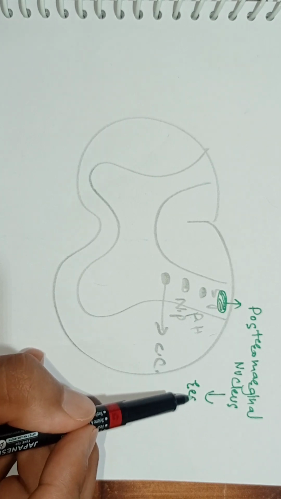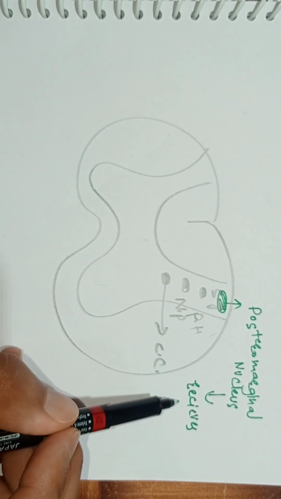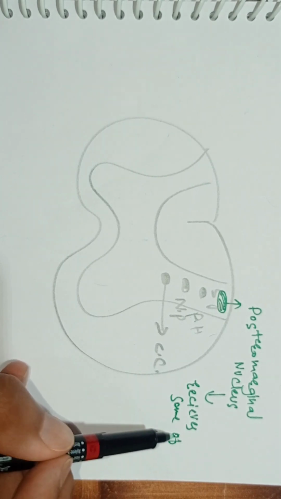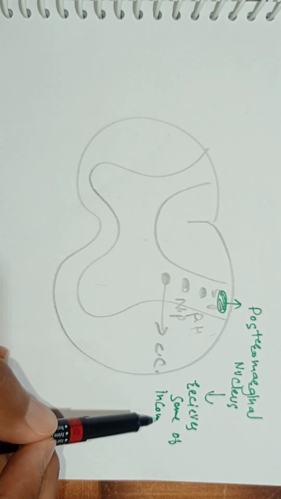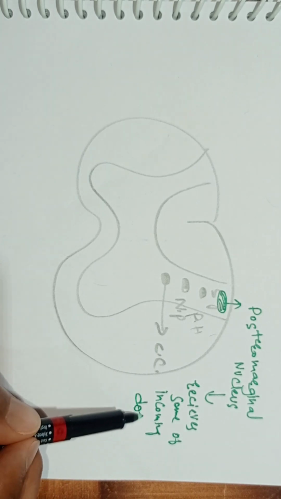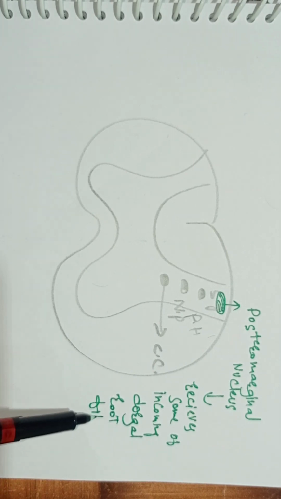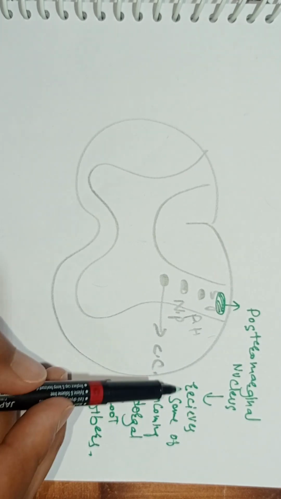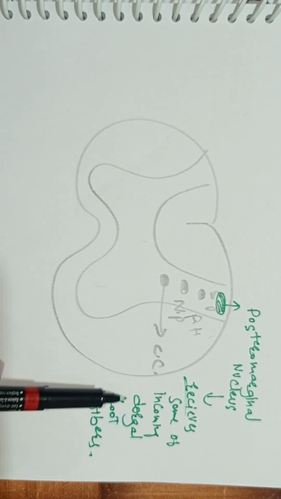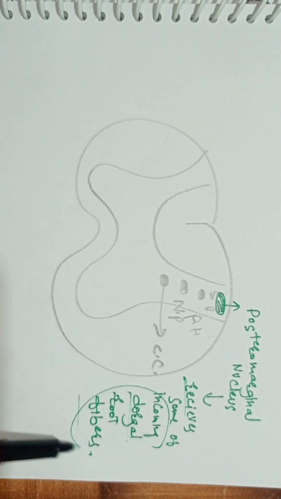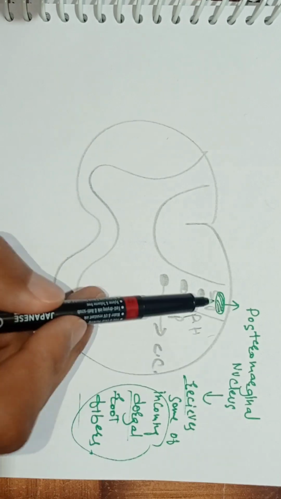It receives some of the incoming dorsal root fibers. Those fibers from the dorsal root are received by the posterior marginal nucleus.